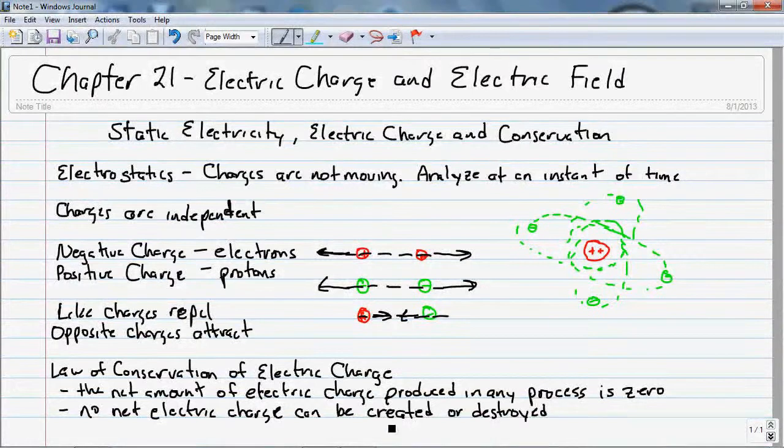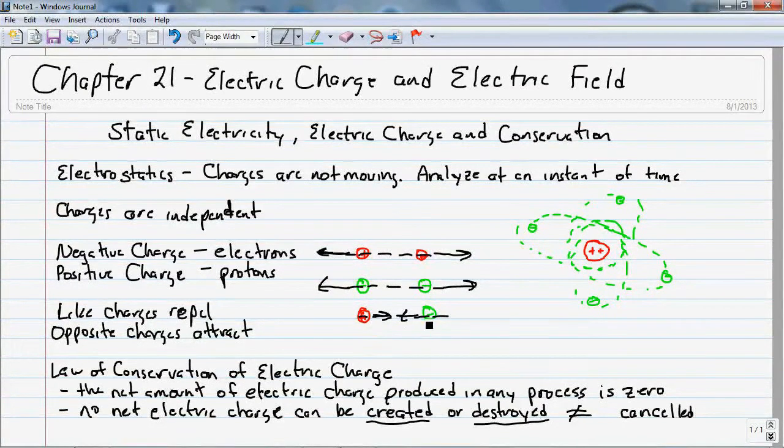Now, the two terms here that we have to remember, created or destroyed, that's different than saying canceled. And here's what I mean by that. You can't create charge, you can't cause new charges to just spring out of the air, and you can't destroy charges. But what you can do is cancel them out.